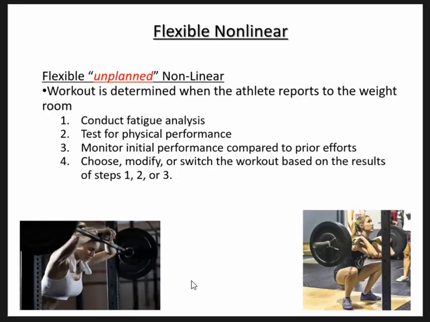So yeah, there's just different ways to train, and this one is really good because individualized workouts are the gold standard of training. The gold standard just means the best in its class. So best in its class for training, if we can customize a workout for every single person, we're going to have better results. But that's really hard when we have really large teams.